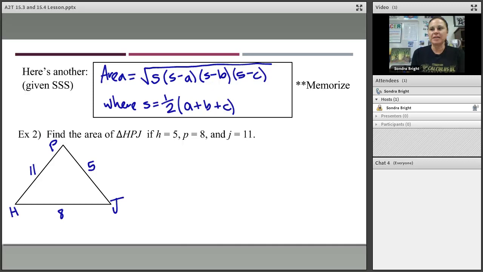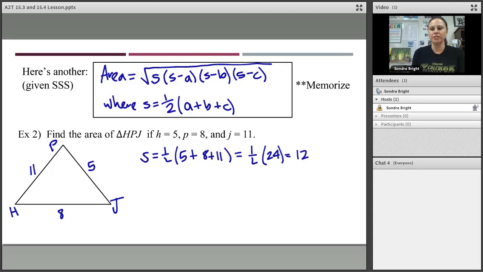Right? So the first thing we need to do is let's find the semi-perimeter. So the semi-perimeter will be 1/2 of, we're going to add them all up, 5 plus 8 plus 11, which would give you half of, what is that, 13 plus 11 would be 24, and half of 24 would give you 12.